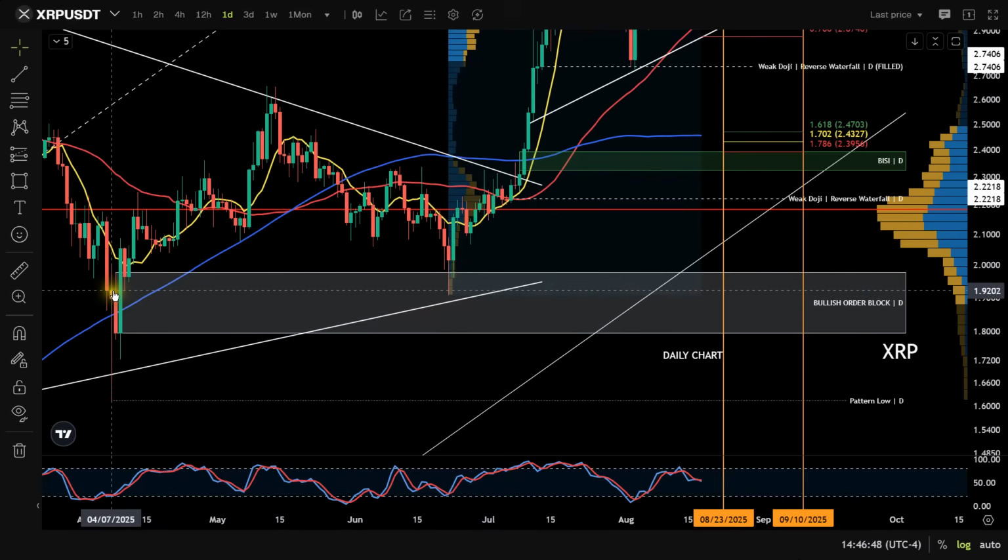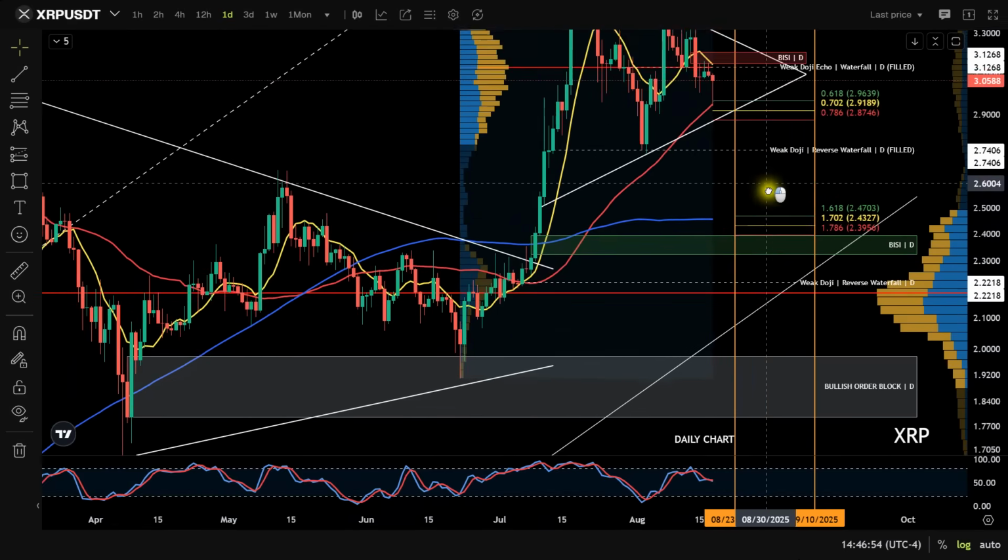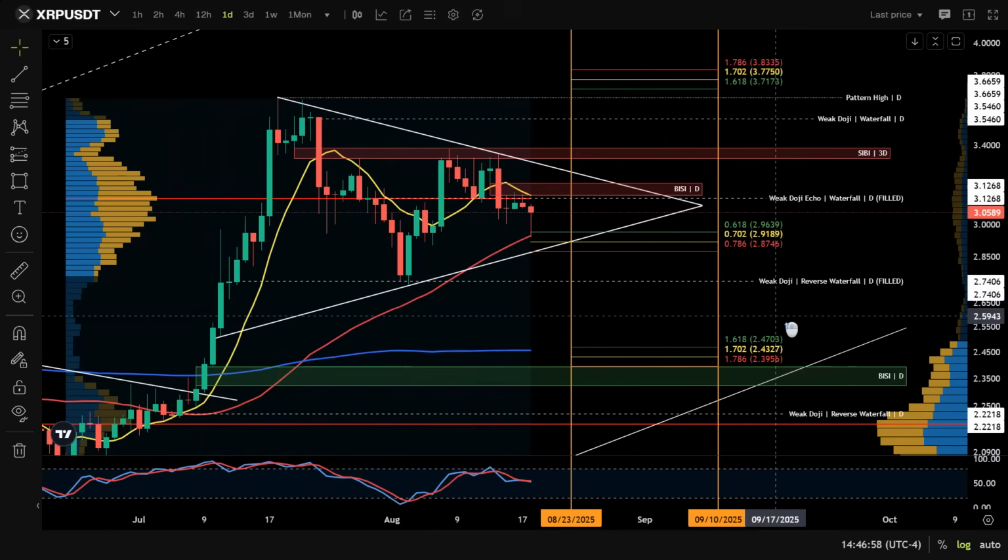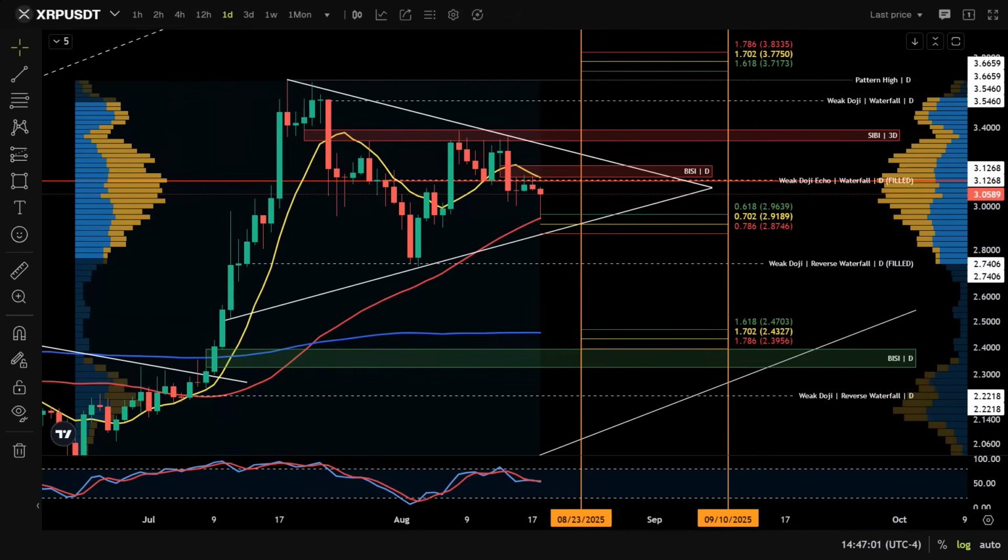So this would be something that I would watch as well, coming off of the very top of this dragonfly doji.